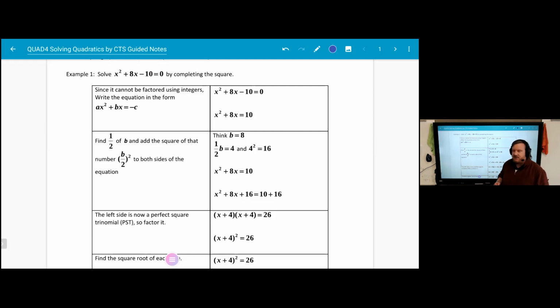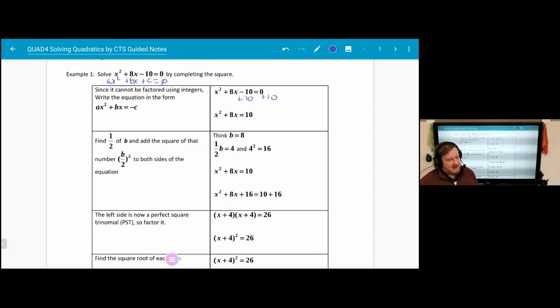Since I cannot factor, I'm going to take the term that doesn't have any variables, my constant, in this case -10, and add 10 to both sides of the equal sign to get x squared plus 8x equals 10.